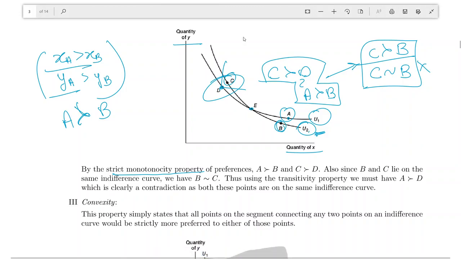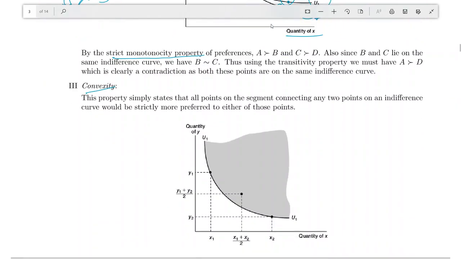Okay, so the third property, convexity. So this property simply states that if preferences are convex, then the indifference curve would also be convex.